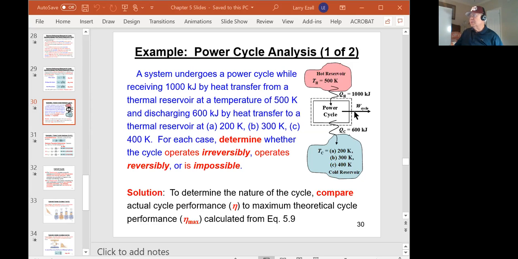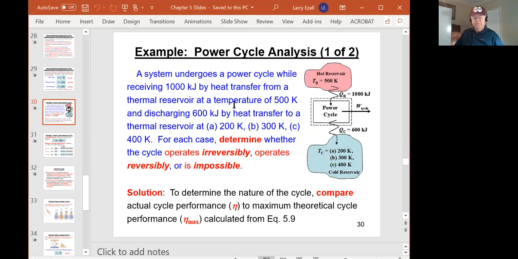I have to go back and hit shapes again. Select rectangle and draw a small rectangle. Put it in the center here. And then draw a cycle arrow. I'm getting there, but it's painful, isn't it? Painful for you too. All right, let's go back to the slides.